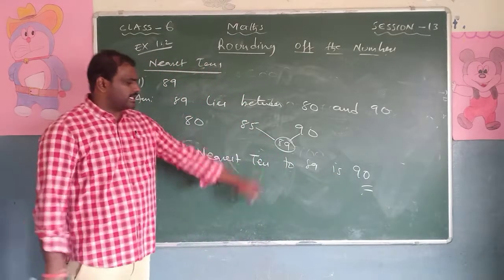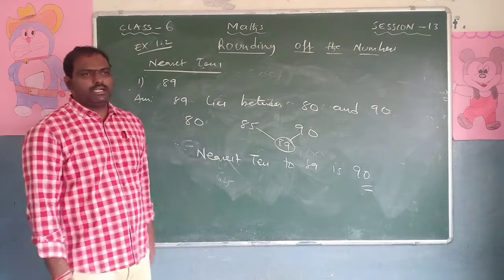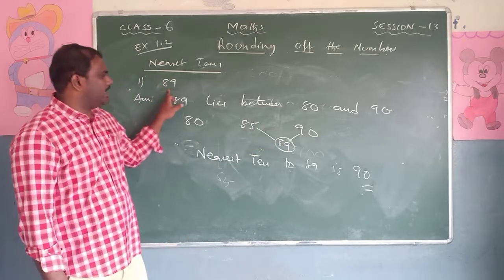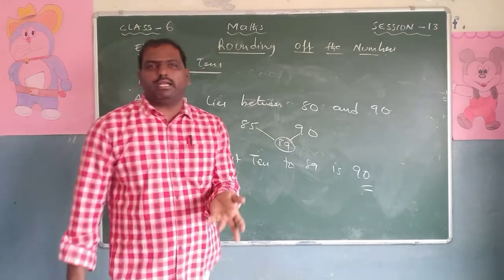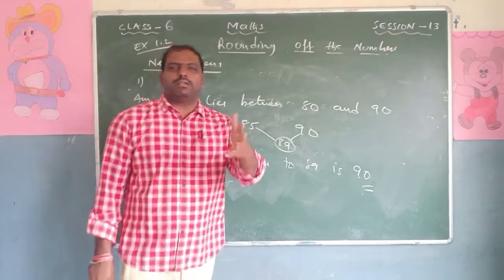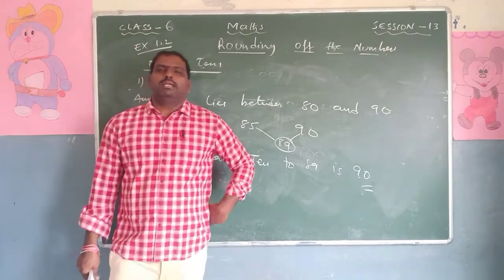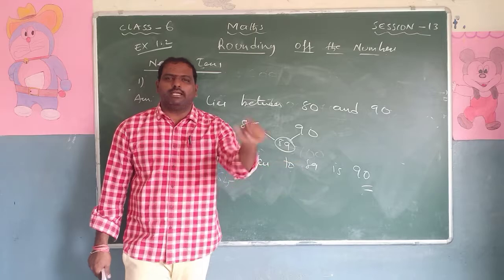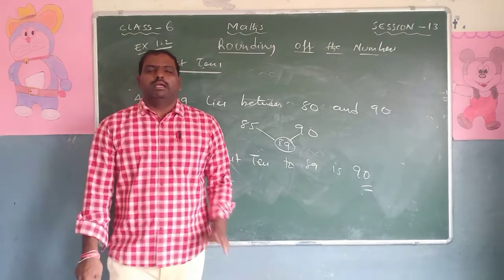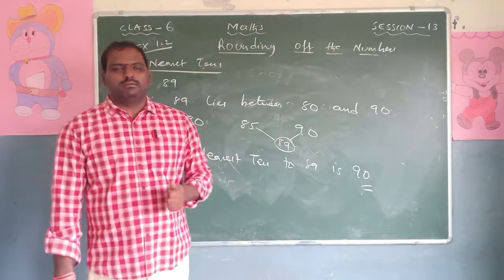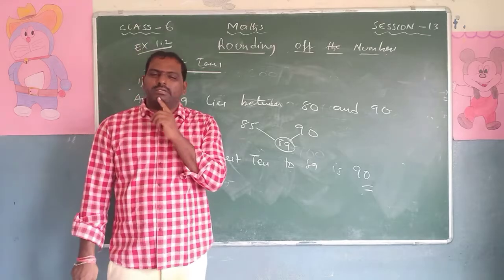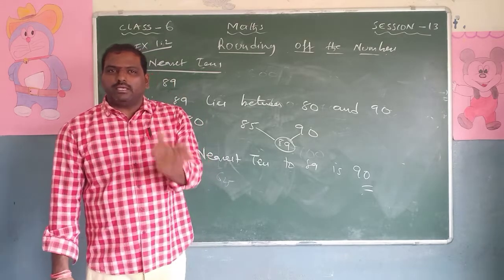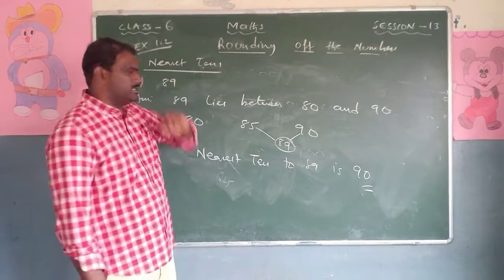What do you understand by this diagram? ఈ picture తో ఏంటి అర్థమైంది? First 89 is between 80 and 90. Don't write 0 to 10. 0 to 10 మధ్యలో 89 ఉండదు. 89 ఎక్కడ ఉంటుంది? 80 కంటే ఎక్కువ, 90 కంటే తక్కువ. Okay. And don't take 80 to 100. Sir, 80 to 100 also right, something you can ask. But we should not take more than 10s.